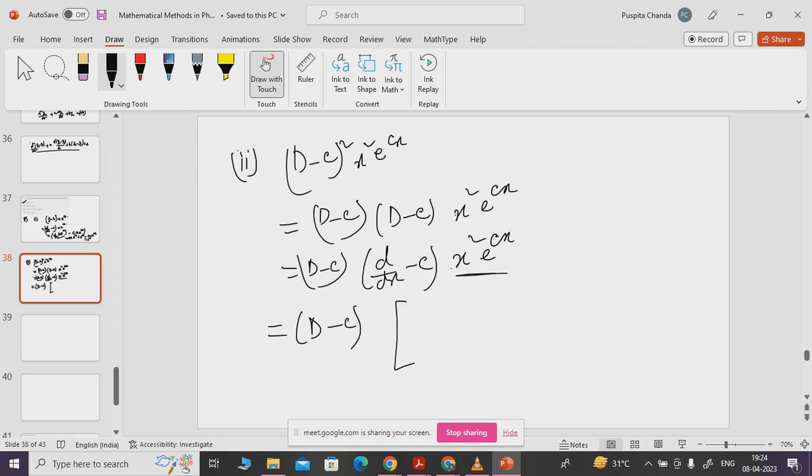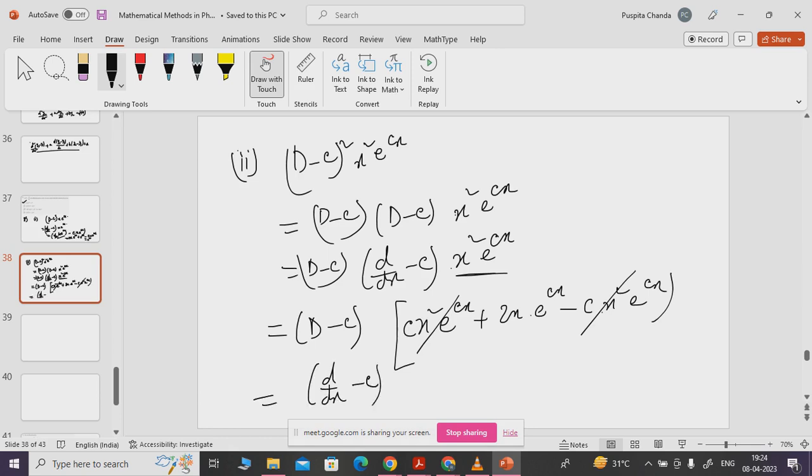So first we will differentiate this. What we will get is c x square e to the power cx plus 2x e to the power cx minus c x square e to the power cx. This will cancel. Then d/dx minus c into 2x e to the power cx.